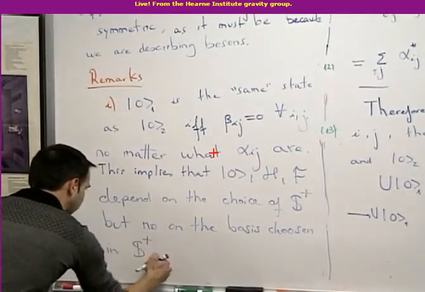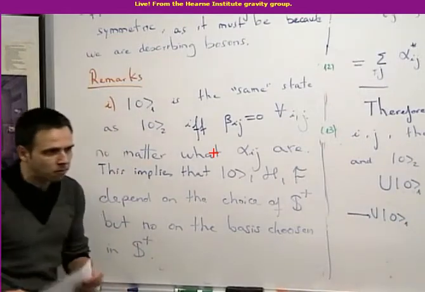Different bases for the same S plus give you the same vacuum.